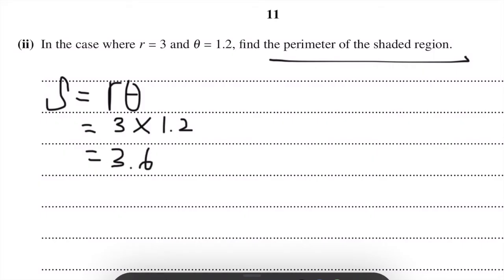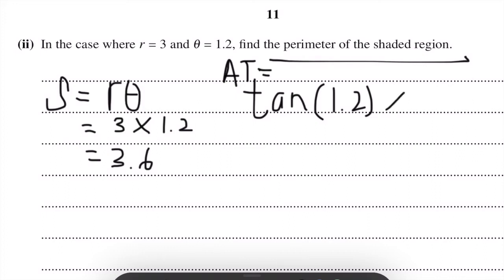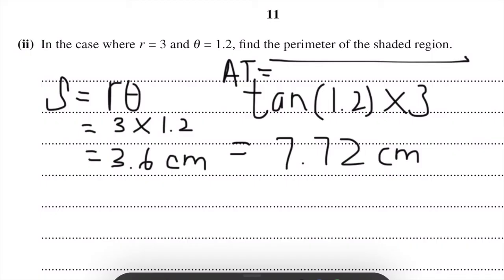Then we'll find the AT. We know that AT is tangent theta multiplied by 3. So we get 7.72 centimeters.